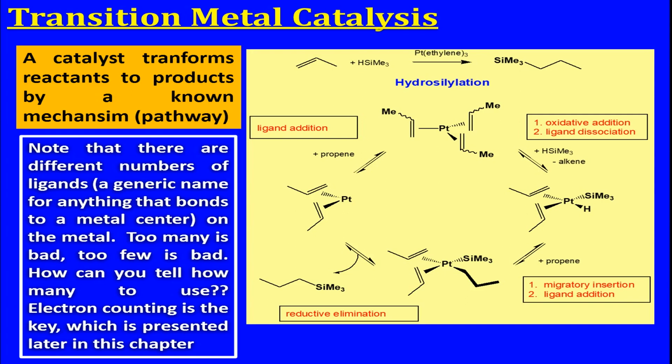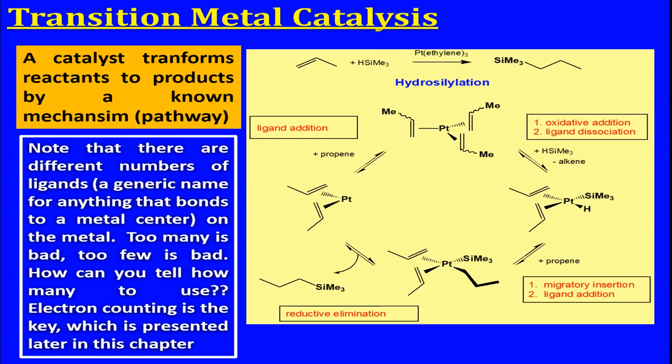The first step to know if our catalyst can act as a catalyst is to calculate the electrons around the metal center, or the electronic counting. If it's 18, it cannot receive. This is not good. If it's 16, it can receive.